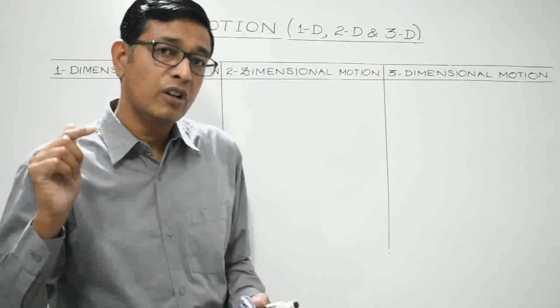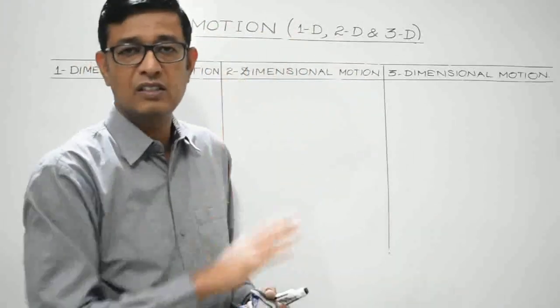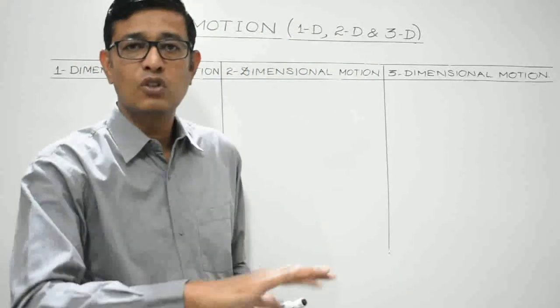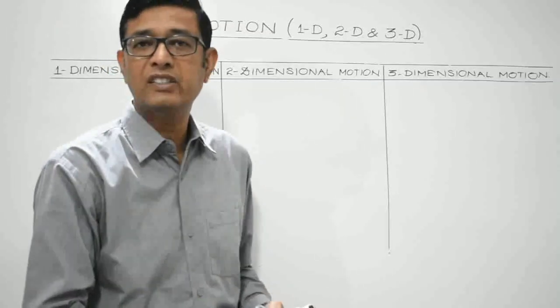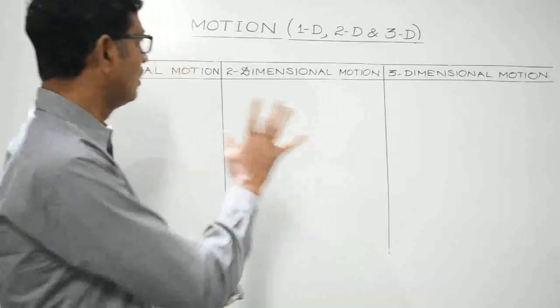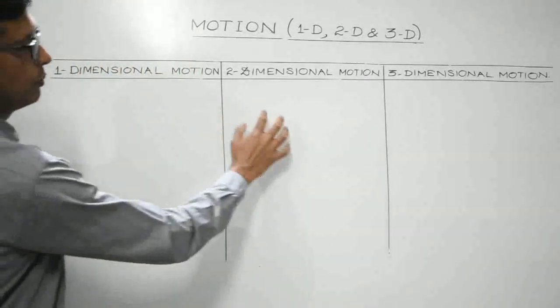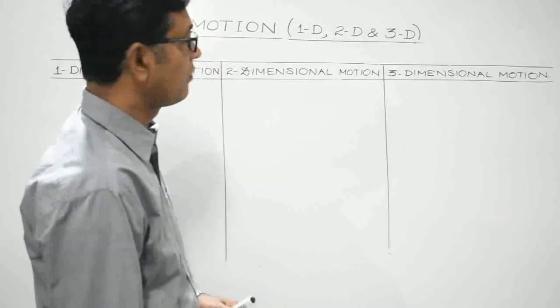And if the body is moving either along a straight line, or in a plane, or in space, then either 1, or 2, or more than 2, or all the 3 coordinates may change with the passage of time. That is what we will discuss under one-dimensional motion, two-dimensional motion and three-dimensional motion.